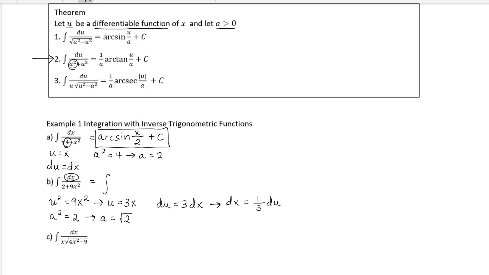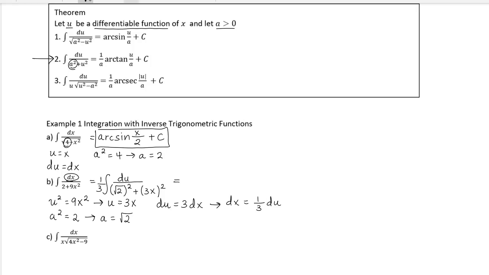In the integral, I'm replacing dx in the numerator with 1/3, which I'll put in front of the integral du. In the denominator, we do have a squared plus u squared. I'll just write that as the square root of 2 squared plus 3x squared.